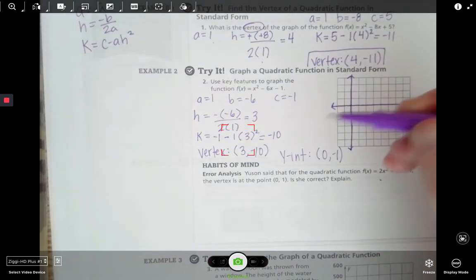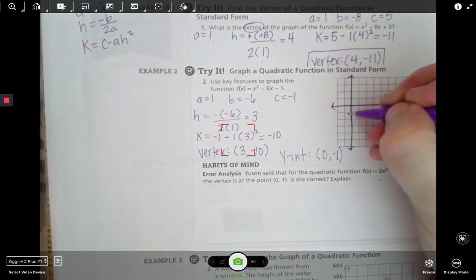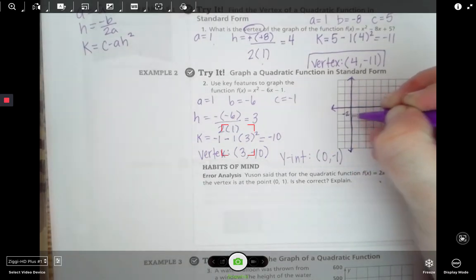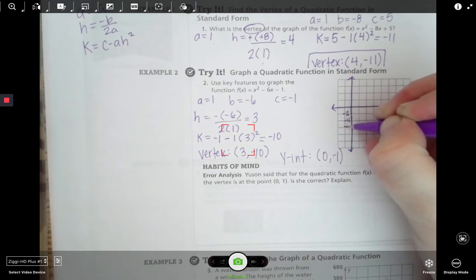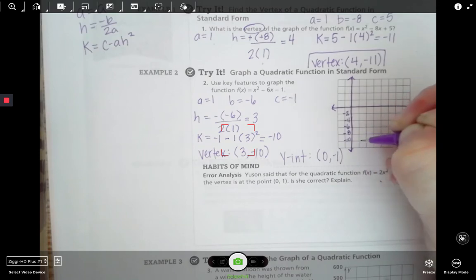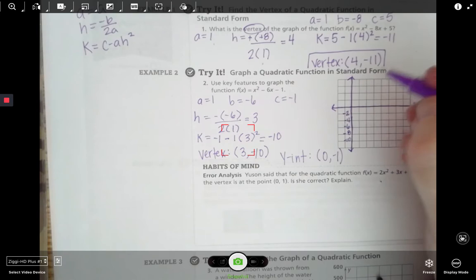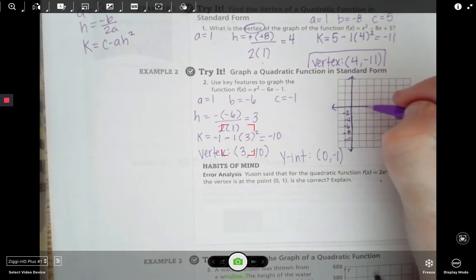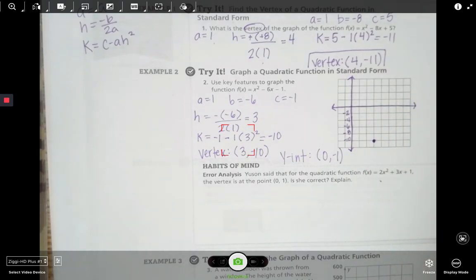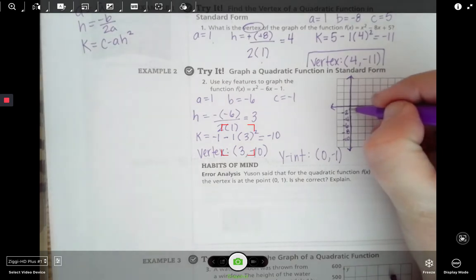So that I can actually plot my vertex and things on here, I'm going to go by 2's on my y-axis, but 1's on my x-axis. So my vertex is at 3, negative 10, so 1, 2, 3, 2, 4, 6, 8, 10. Got a y-intercept at 0, negative 1.